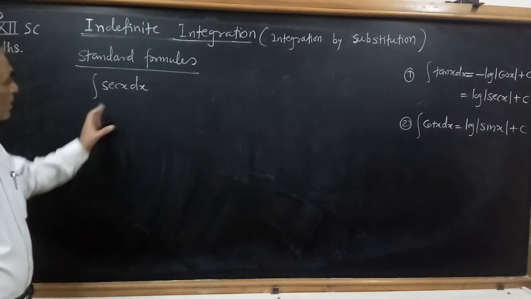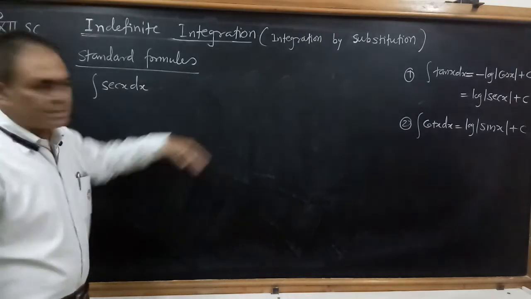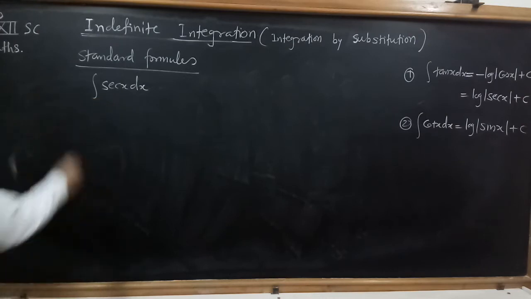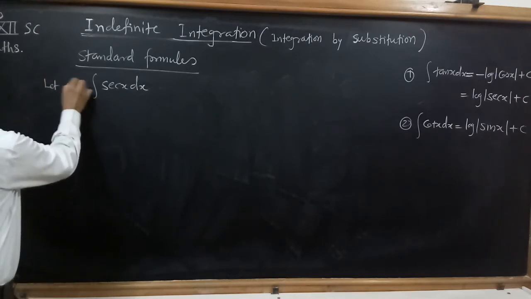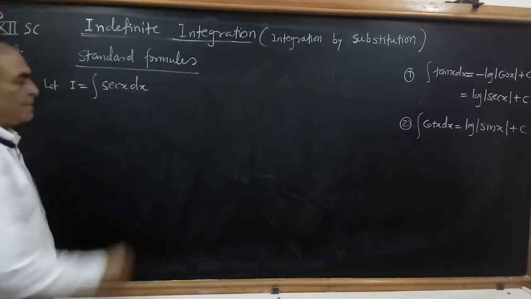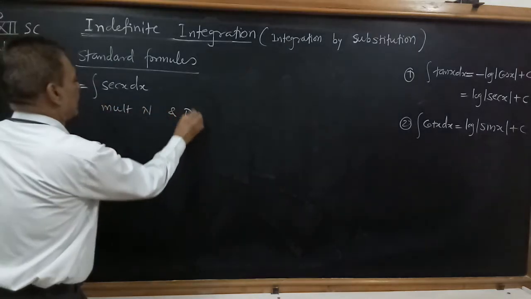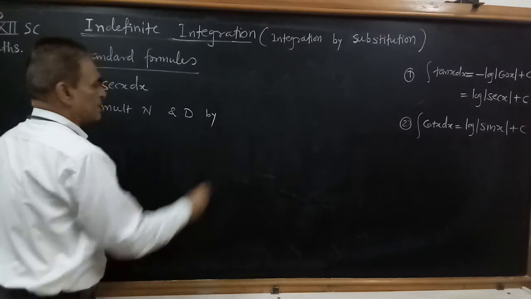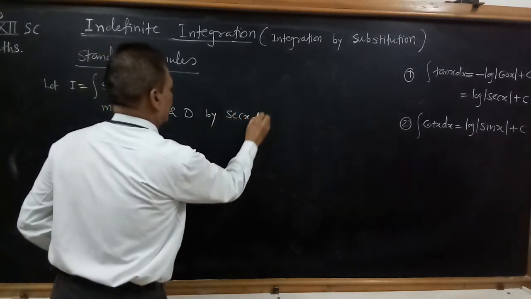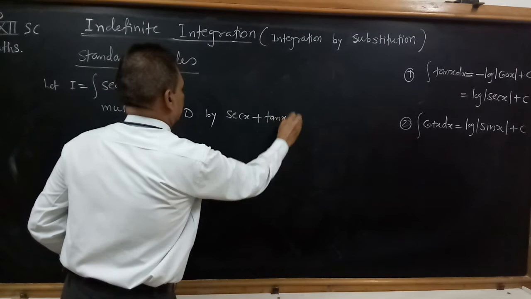Okay. What can I do in this case? Integration of sec x dx. First of all, let I equal to integration of sec x dx. Multiply numerator and denominator by sec x plus tan x.